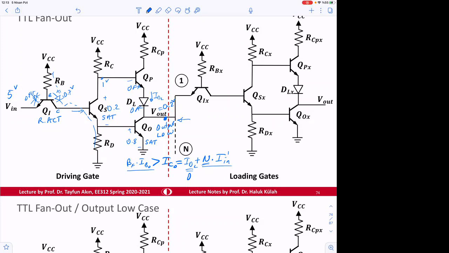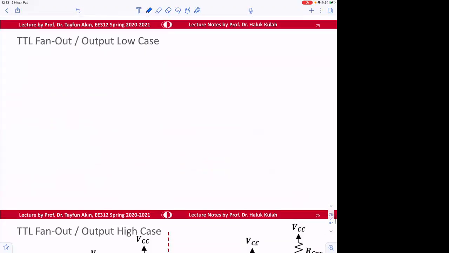Is that okay? So we need to determine IBO and we need to determine I in prime. The current coming from here is going to be called I in prime. Okay, so those are the two things we need to find.